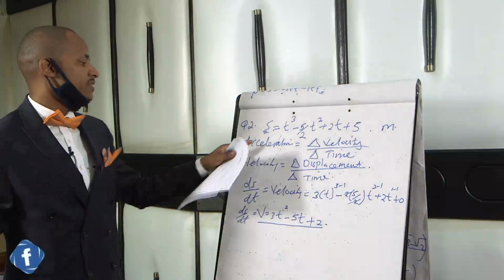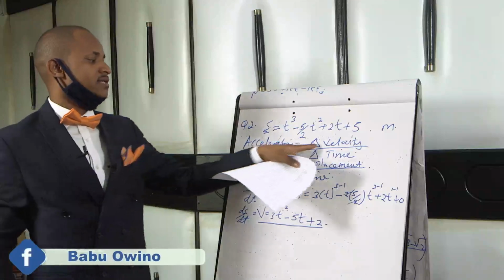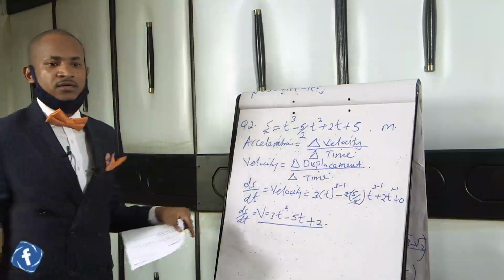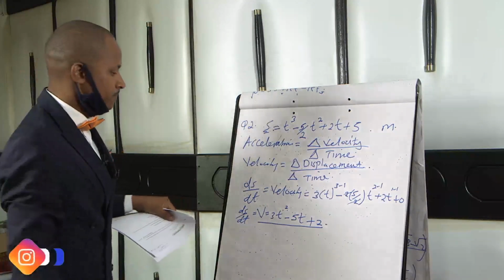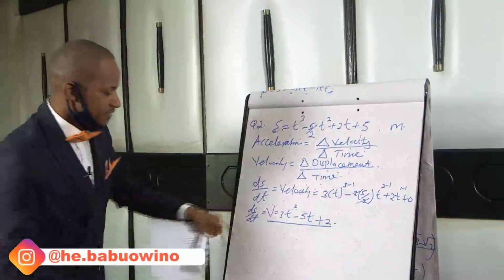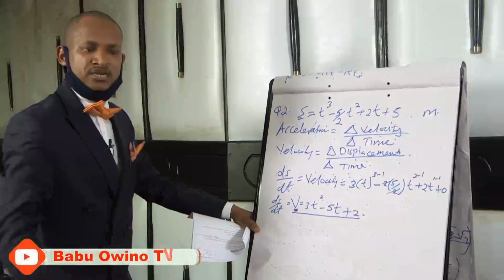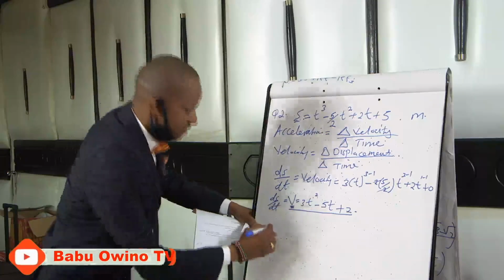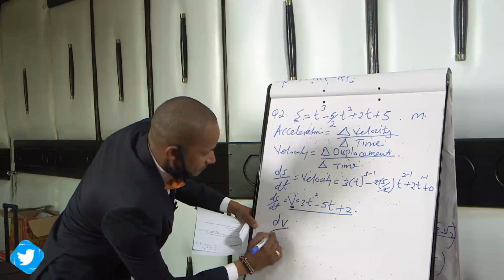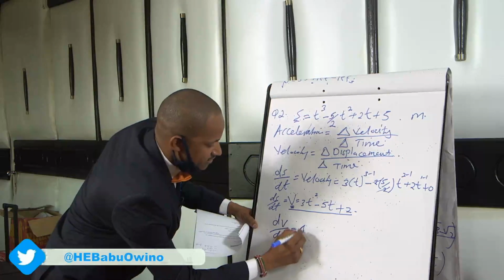We want to find the acceleration, and we said acceleration is change in velocity divided by change in time. Therefore, we are going to further differentiate the velocity, which gives us dv/dt. This gives us the acceleration.